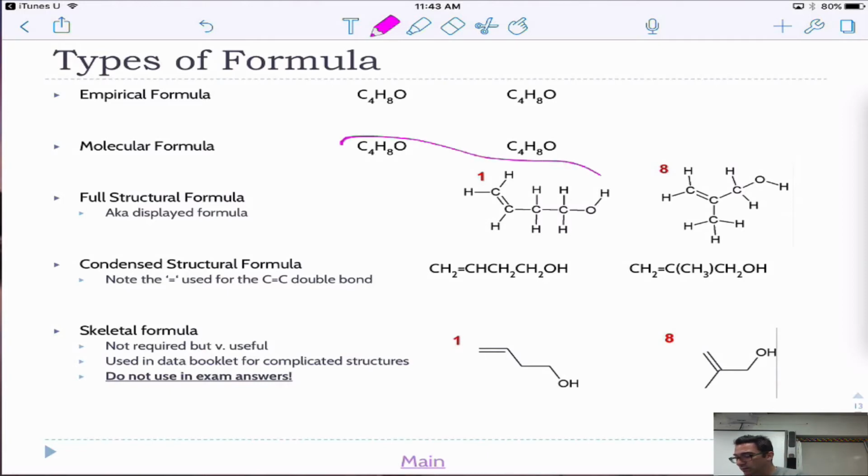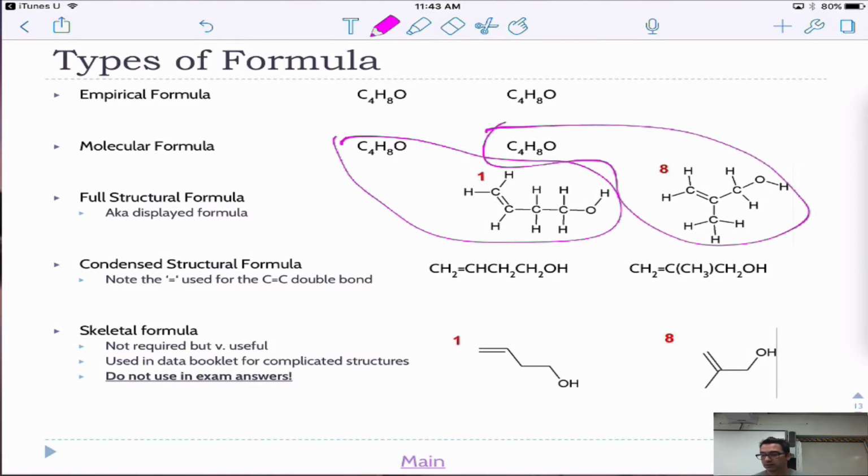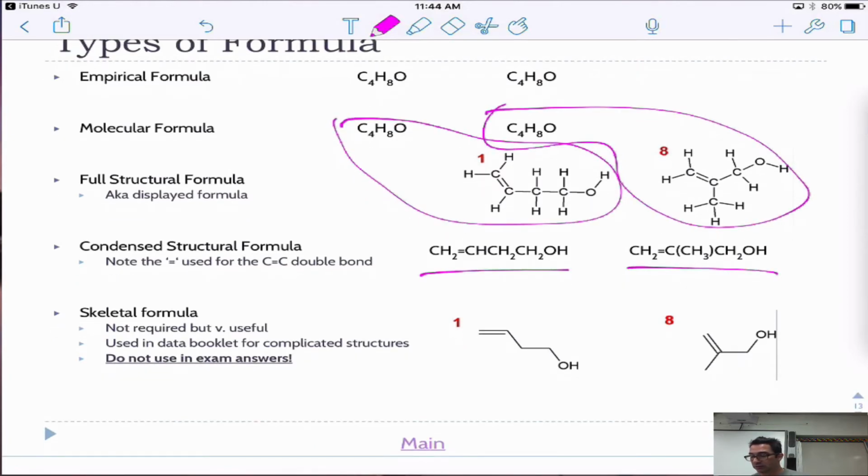Here's structure 1 from the previous page. Here's structure 8 from the previous page. I could show it condensed in either case, or I could show it as a skeletal formula. You should be familiar with all of these representations and know how to draw them in all of these different representations. That's really, really important.